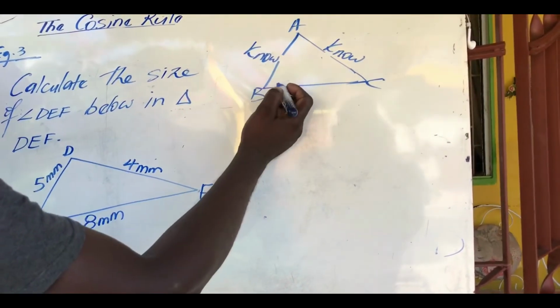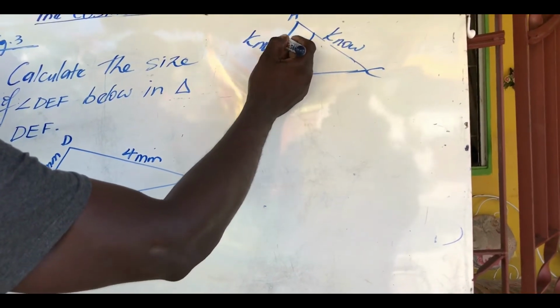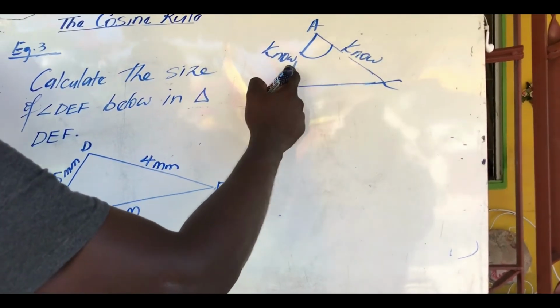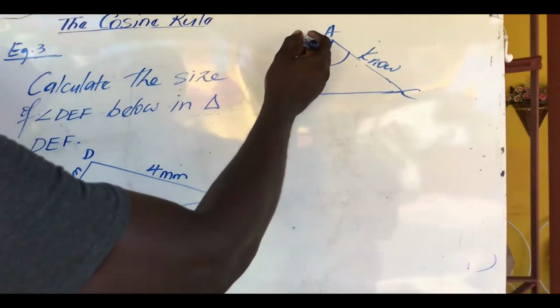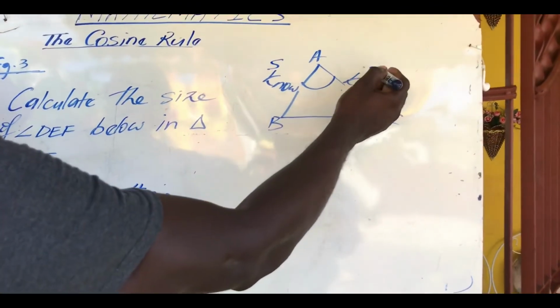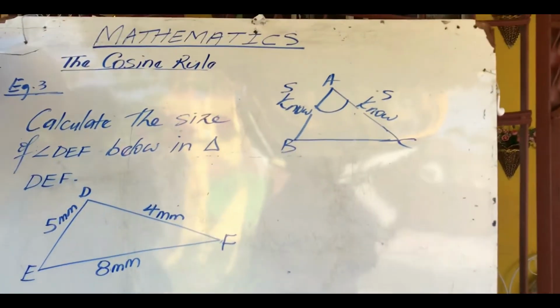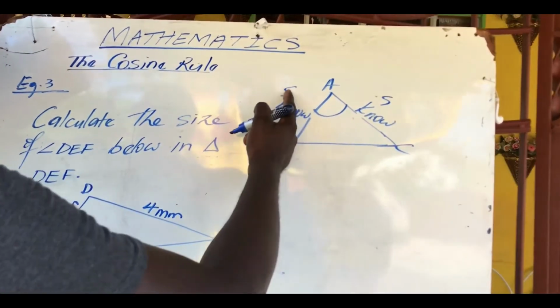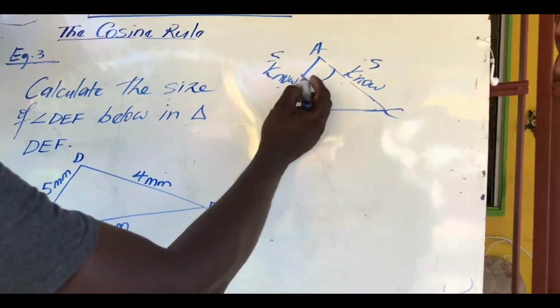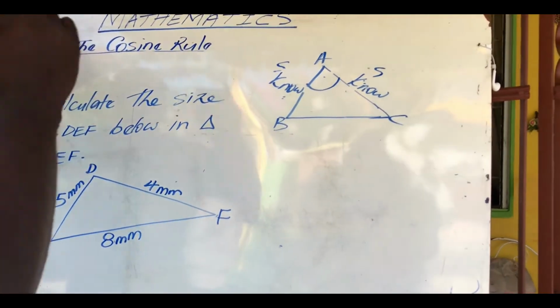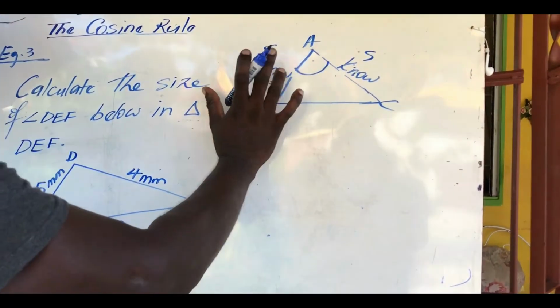In order to use the cosine rule, we must know the angle that comes between the two sides, which we call the included angle. So it's like side, angle, side. We know the two sides and the angle between them. So as we saw, we can use the cosine rule.